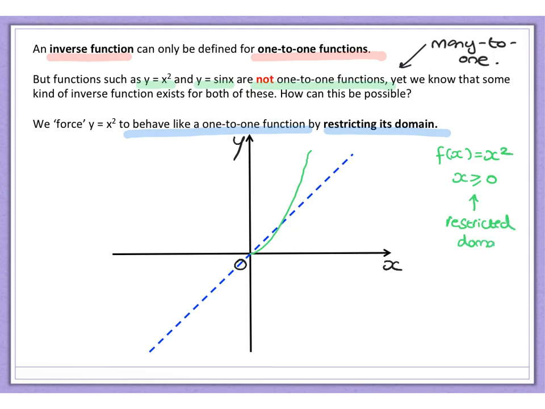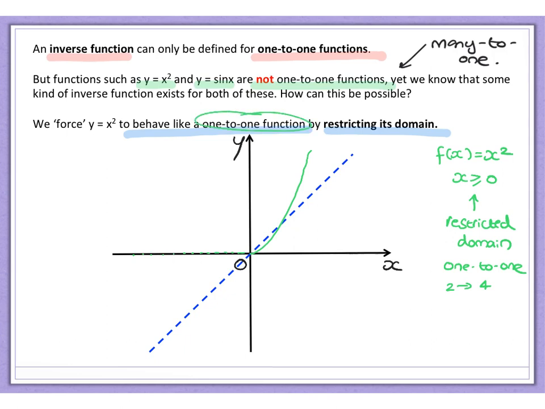Now look at the graph. Because we've only got a portion of the graph, it becomes very clear that it's now behaving like a one-to-one function. 2 will map, for instance, to 4, but there's no option for negative 2 because we haven't got anything on this portion of the x-axis. So by restricting the domain of f of x equals x squared, we turn it into a one-to-one function.